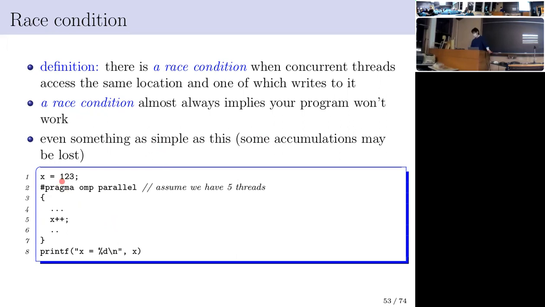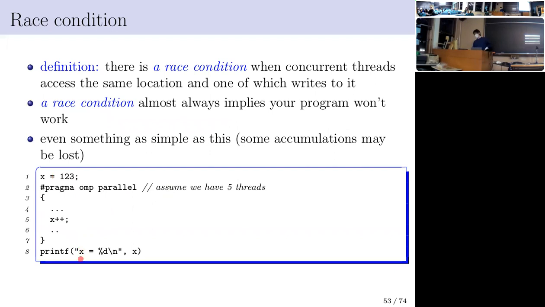What this program fragment is apparently trying to do is, you initially have x being 123, and let's say you have 5 threads created by this OMP parallel, and each of them is just trying to increment the same variable x.